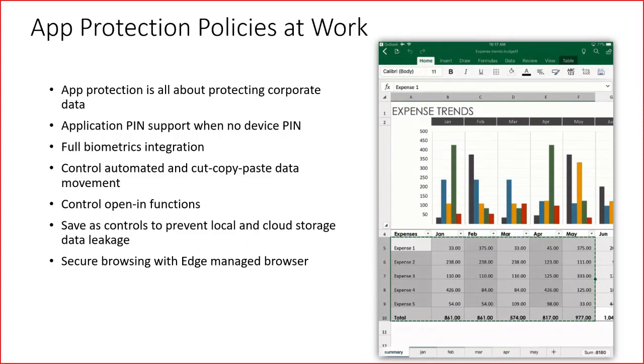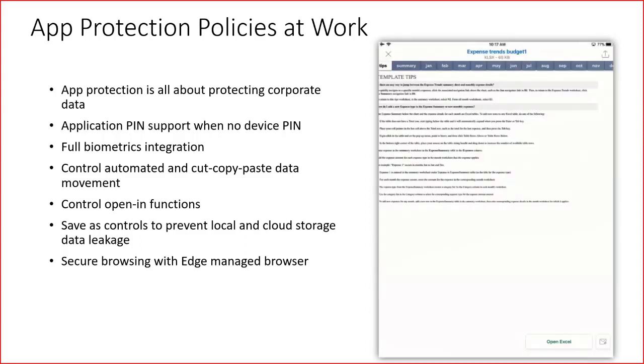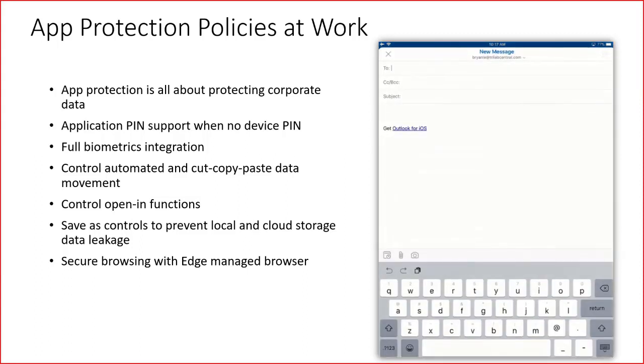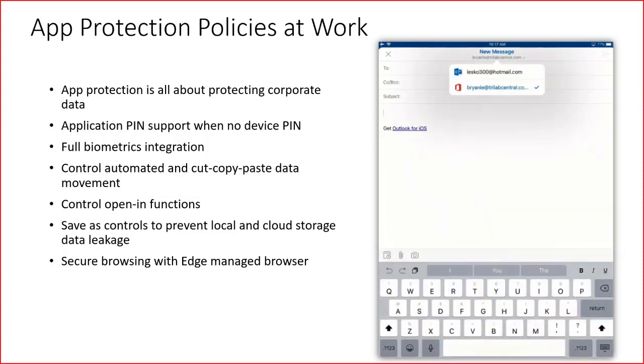Then we're going to go back to Outlook, and we're going to potentially try to leak the data through a personal email account. So I'll go back to Outlook, and then I'll create a new message, and I'll use a personal account. So at the top, you notice I changed the sender over to a personal account. I'm just going to add some subject data here around leaking data, and then we'll try to copy the spreadsheet data into this message.